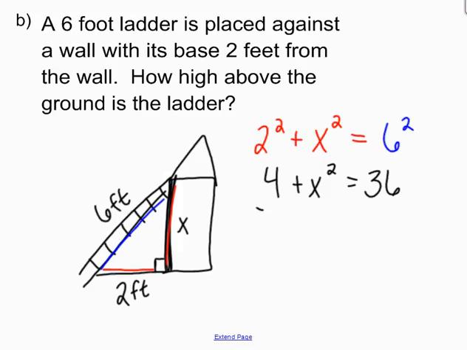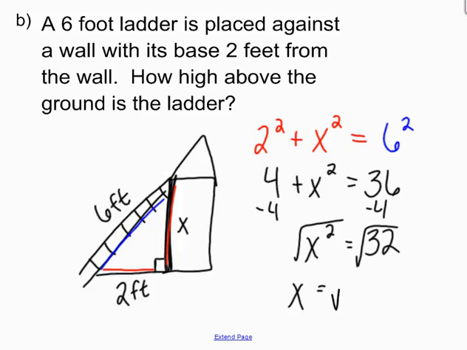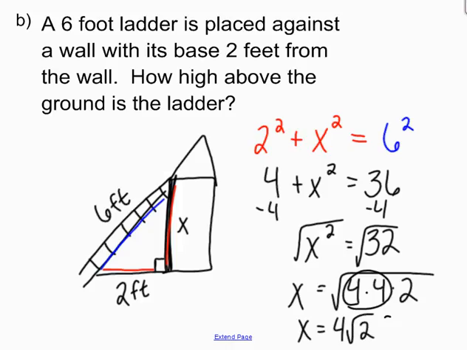I'm going to subtract 4. Then I'm going to square root both sides. I'm going to come up with pairs. This is 4 times 2. So I see a pair of 4s, 4 radical 2 feet.